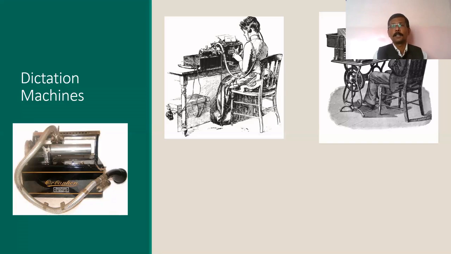It also helped speed up the communication system, because the boss can record beforehand, and then that person would come, listen to that message, and type it. So no need to sit with the boss, take his dictation, then come to his table and type it. The boss would record, send it to him, and that person would listen and simultaneously type it.